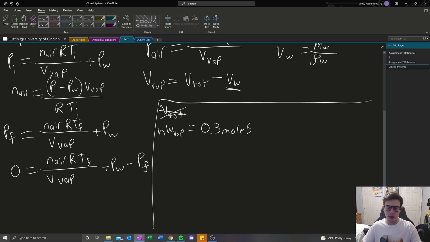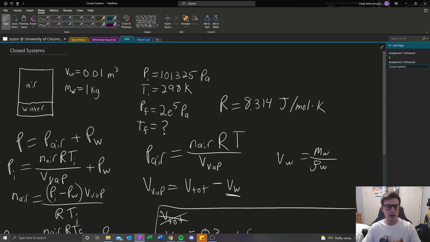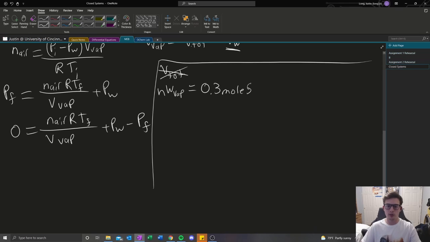So we can find out the volume of water in our container, because we still have the initial mass of the water, but we want to find out the mass of the water vapor in the container. And we have moles, which makes it really easy to find the mass of the water vapor, just by multiplying by the molar mass.